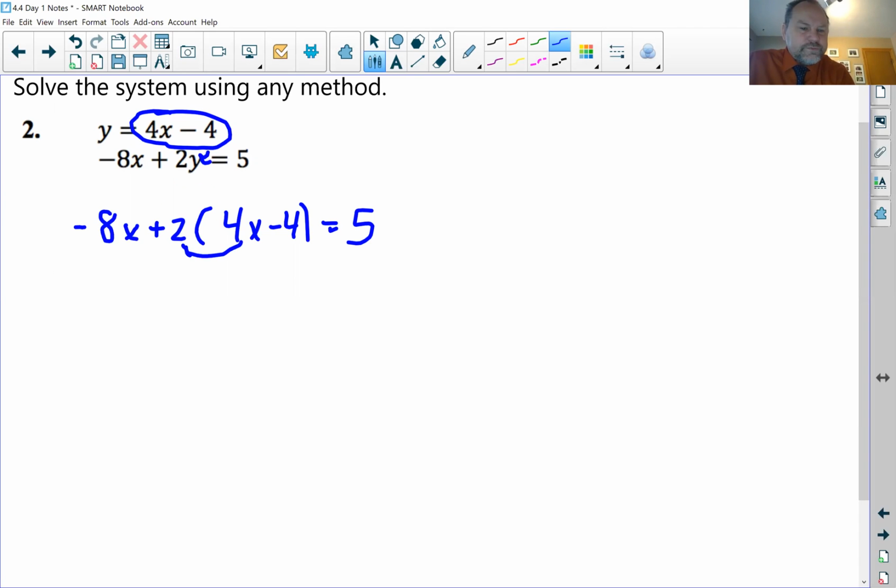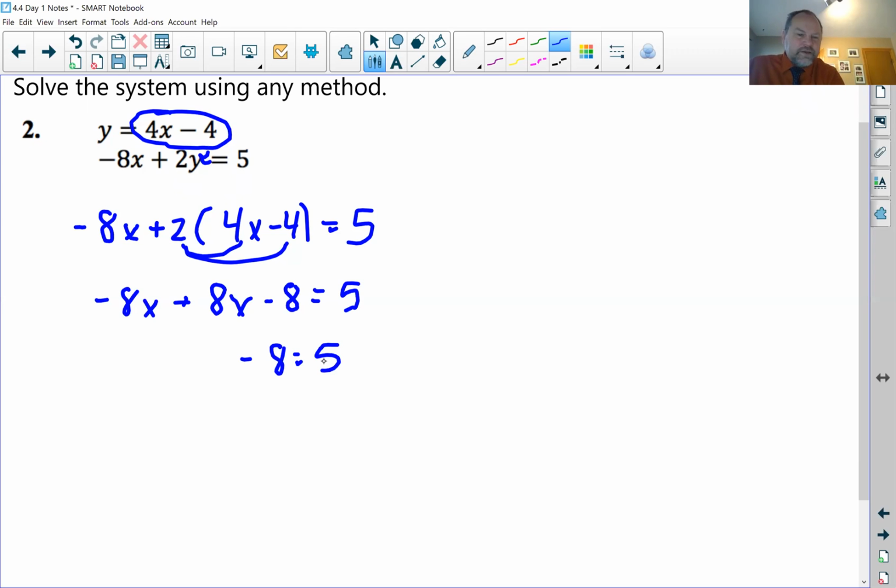Distribute the 2. So negative 8x. 2 times 4x is 8x. 2 times minus 4 is minus 8. Negative 8x plus 8x, that's 0. So I have negative 8x equals 5. Not a true statement.